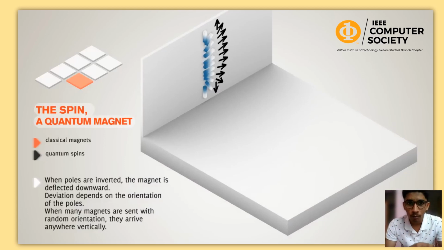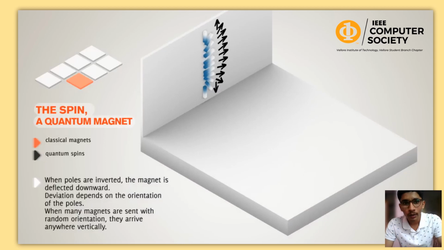So the point to be noted here is that one of the poles is stronger than the other, and in between those poles you throw a magnet, and the side of the magnet attracted to each other would form a formation behind the screen, either at the north pole or the south pole, right?